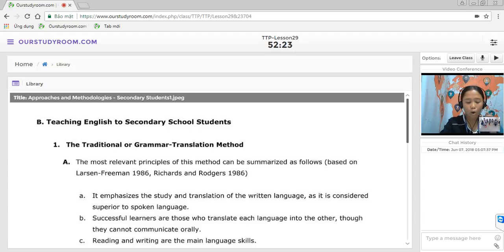Writing is considered more superior than speaking, so we focus on the writing, not the speaking of the language. We are teaching the students how to write the language, how to communicate through writing, not through speaking, okay, teachers?